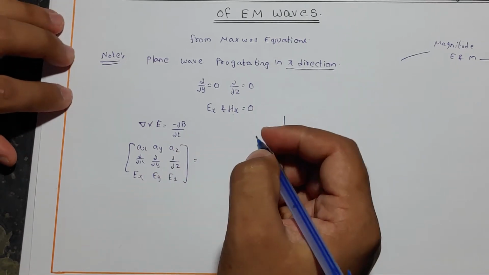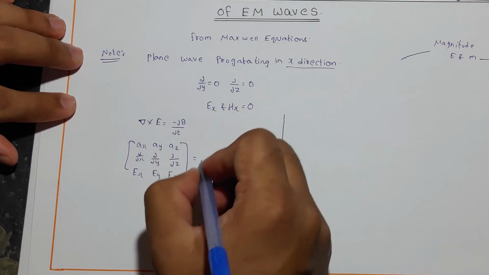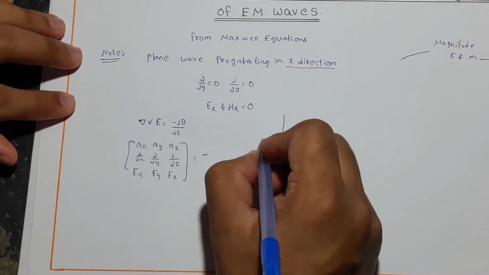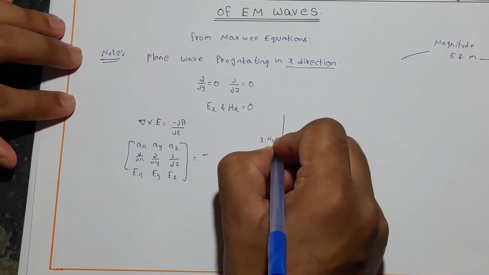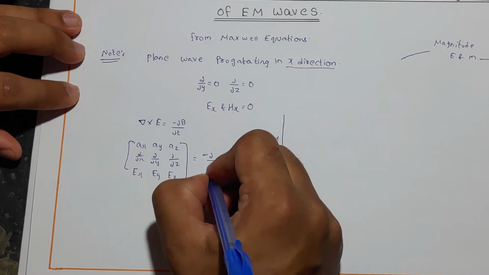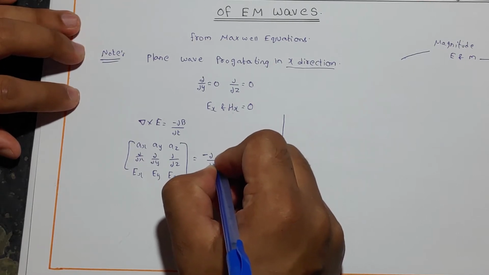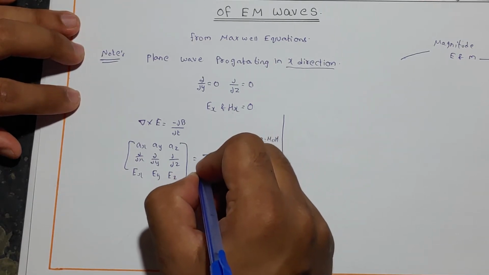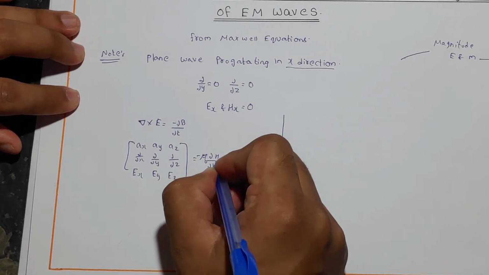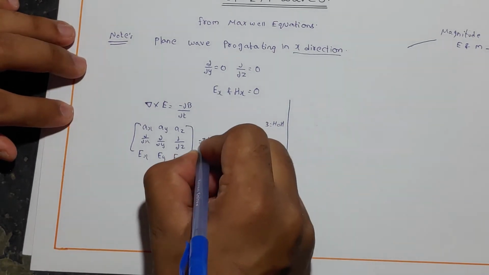And this term, as we know that B is equal to mu naught H from our basic terms, would be equal to minus mu naught, as it is a constant, multiplied outside, dou H by dou t.